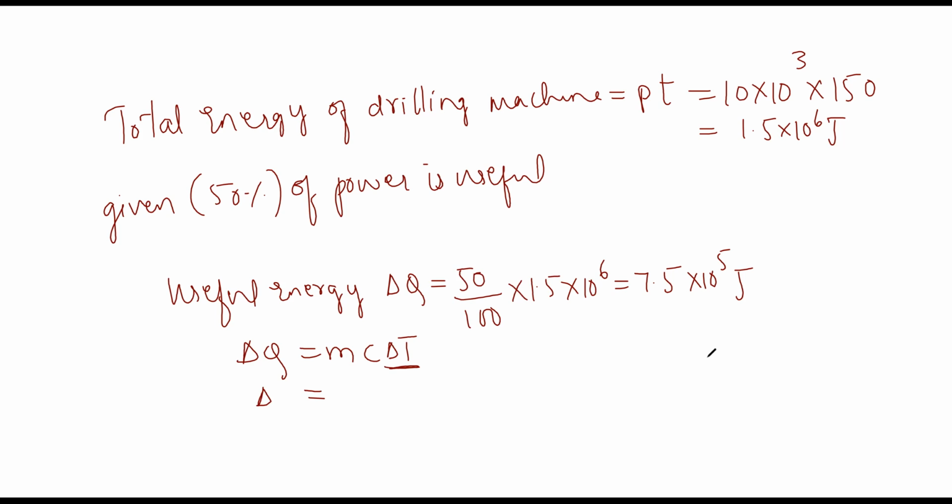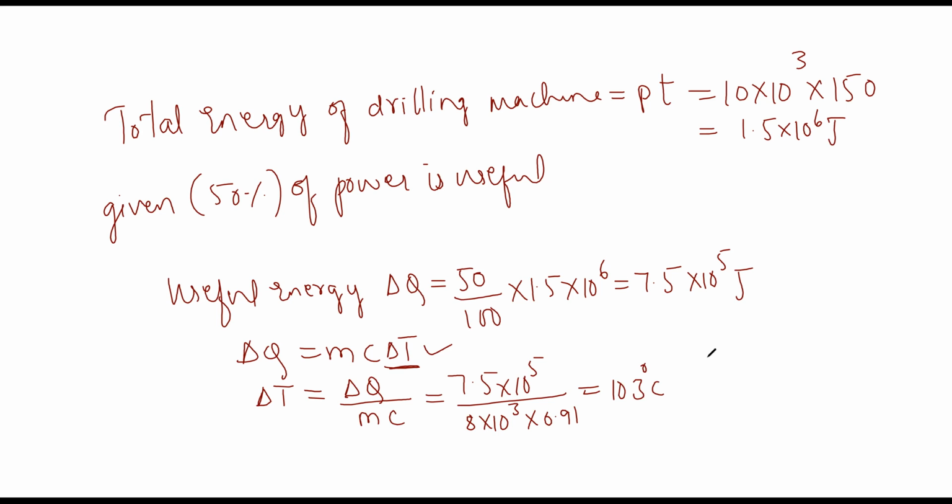We want to calculate delta T, so known terms are kept on one side and unknown terms, whatever we want to calculate, are kept on the other side. Therefore we modify this formula like this: delta T is equal to delta Q divided by m into C. Substitute the values: 7.5 into 10⁻5 divided by 8 into 10⁻³ into 0.91. After simplification, we get 103 degrees Celsius. Therefore, in 2.5 minutes of drilling, the rise in temperature of the block is 103 degrees Celsius.